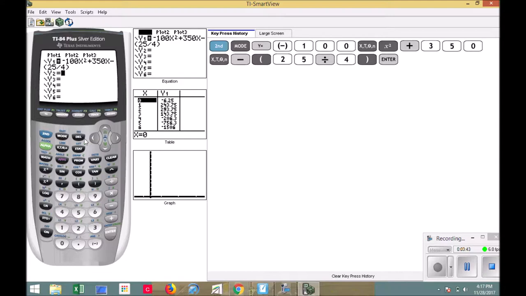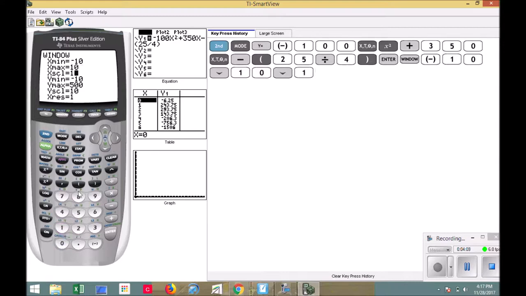Now, normally the graph is set, or the window is set, to show the standard viewing window. I'm not sure if mine's set on that now, but the standard viewing window is negative 10 to 10, going up by ones for the x-axis, and then negative 10 to 10 going up by ones for the y-axis.